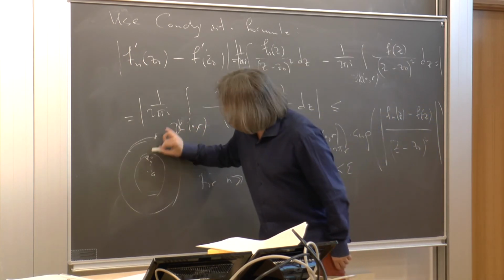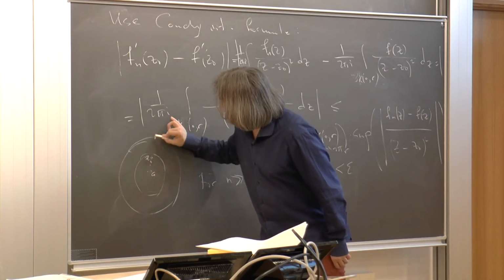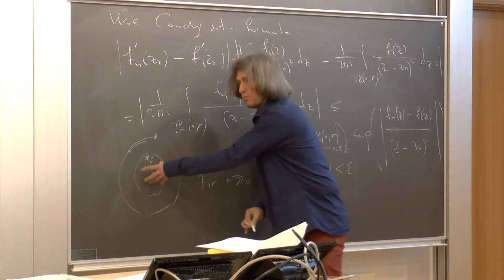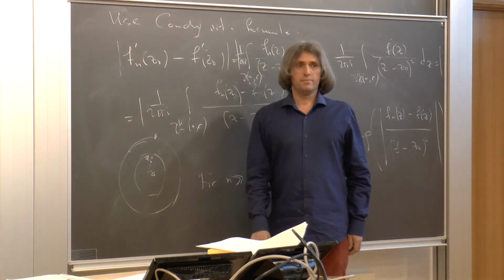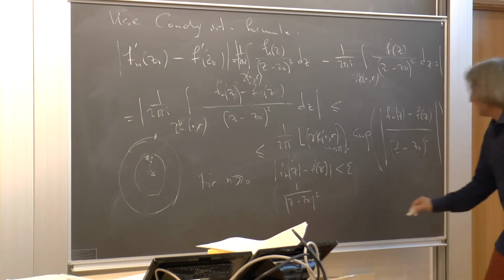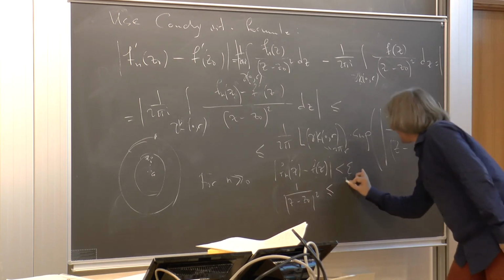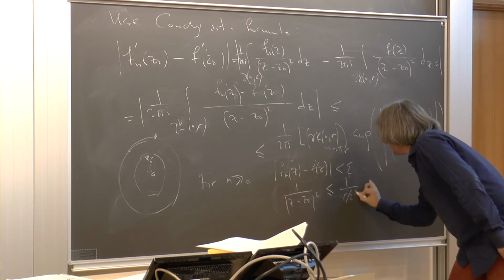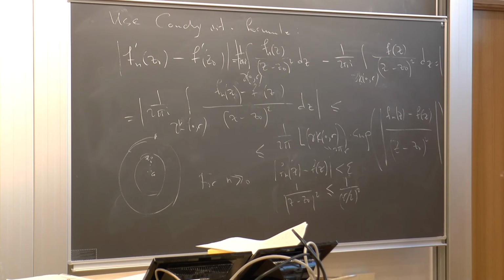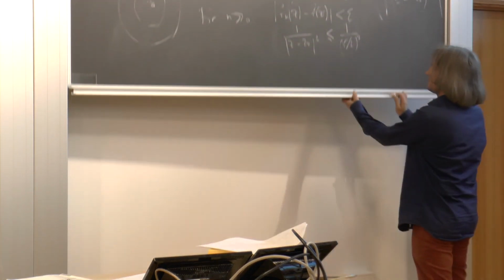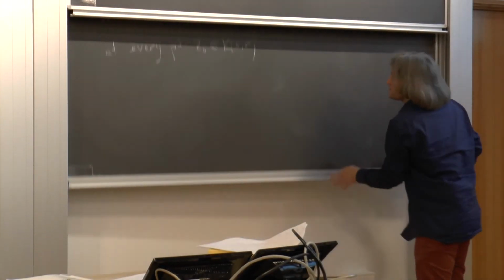So the distance is greater or equal to radius over 2. This is my choice of the smaller circle. So then this is less or equal to 1 over radius over 2 squared.